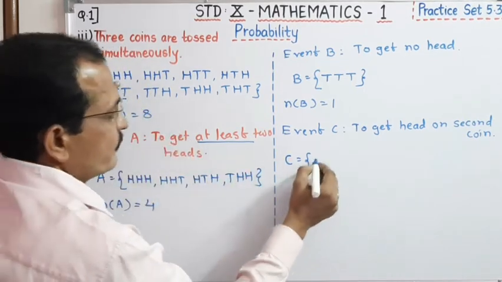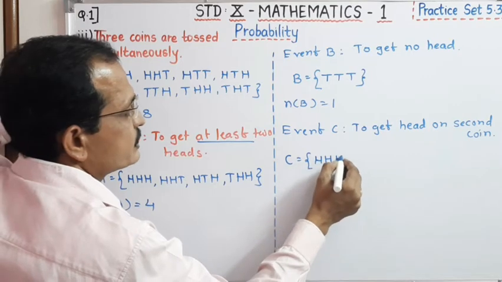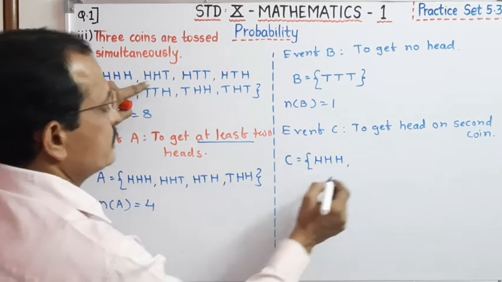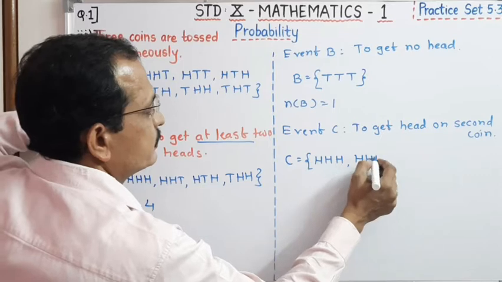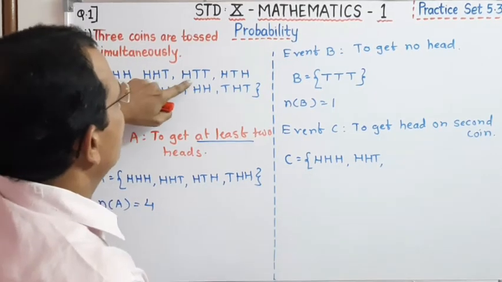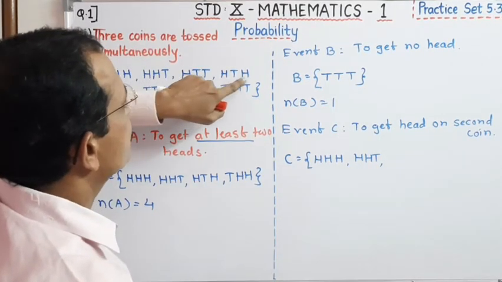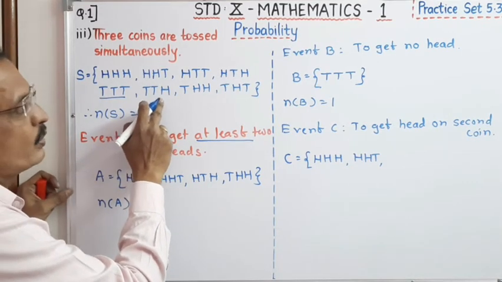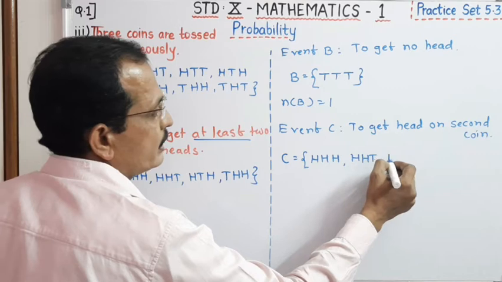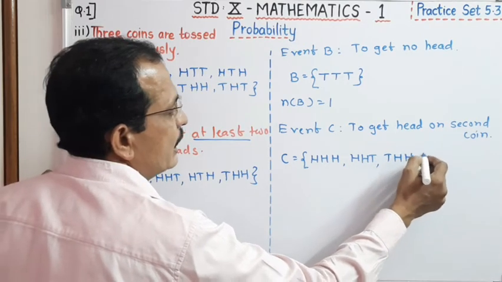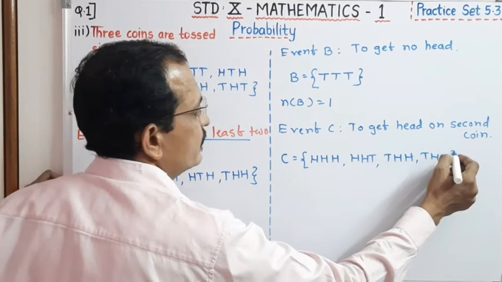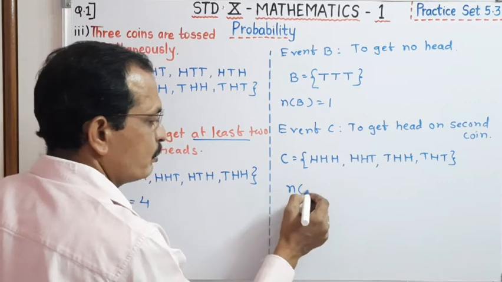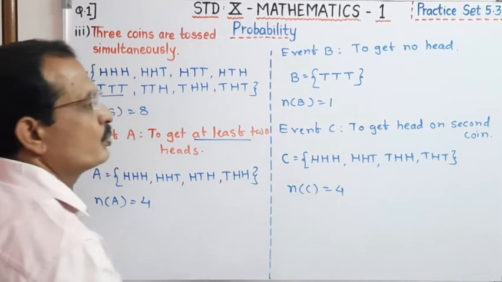Therefore C is H, H, H, H, H, T, then H, T, T, H, T, H. Here it is head, but it is not on the second coin. Second coin here it is T, H, H and T, H, T. Therefore, dear student, n(C) is equal to 4.